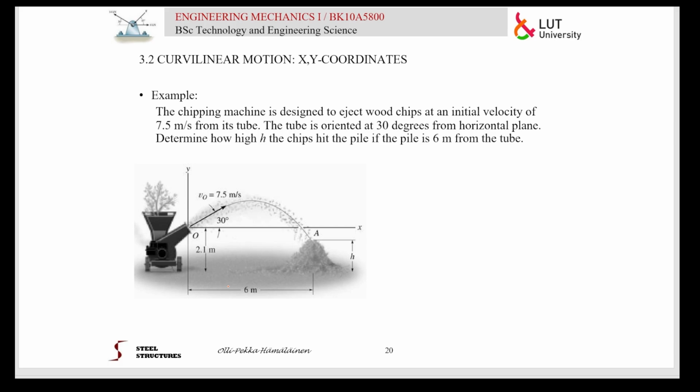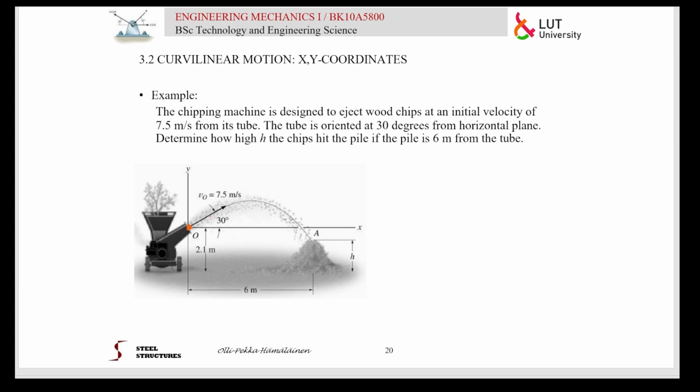It says, the chipping machine is designed to eject wood chips at an initial velocity of 7.5 meters per second, meaning that at this point, where we have fixed the XY reference system, at time 0, the velocity of the particle in this direction, oriented 30 degrees with respect to the x-axis, is 7.5 meters per second.